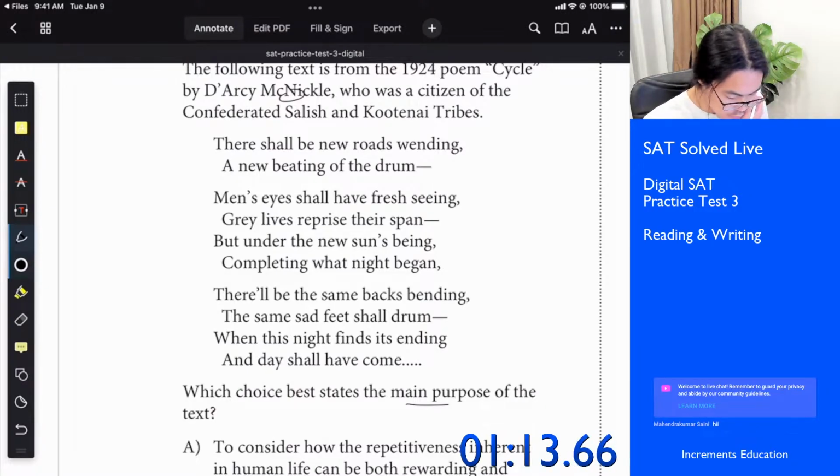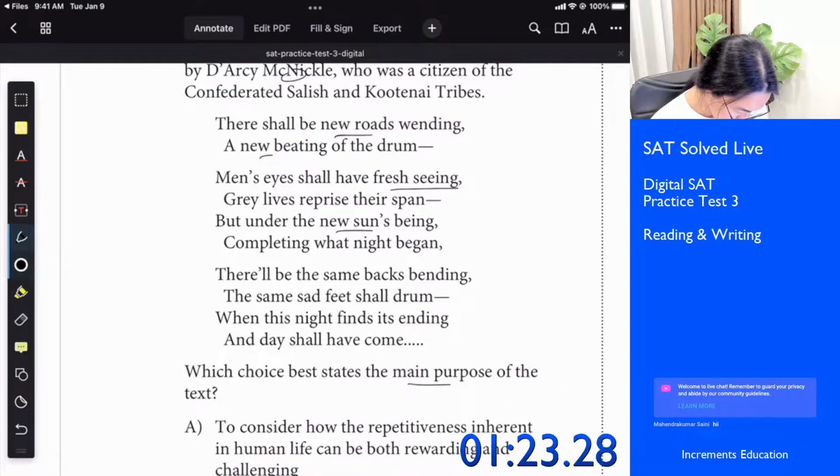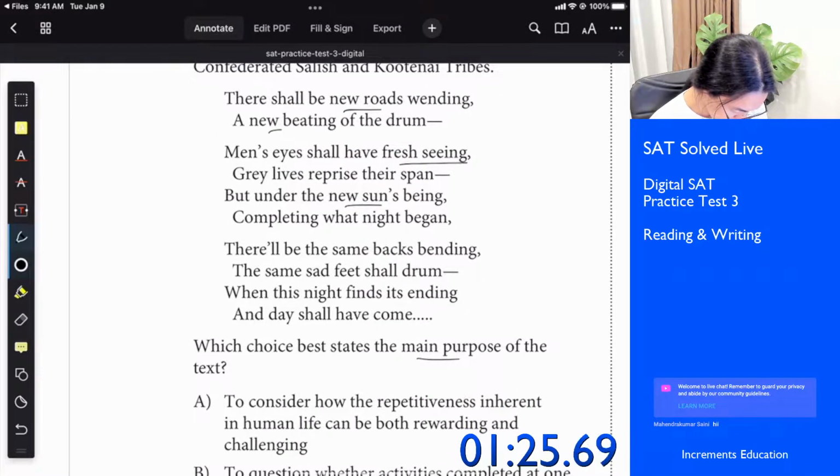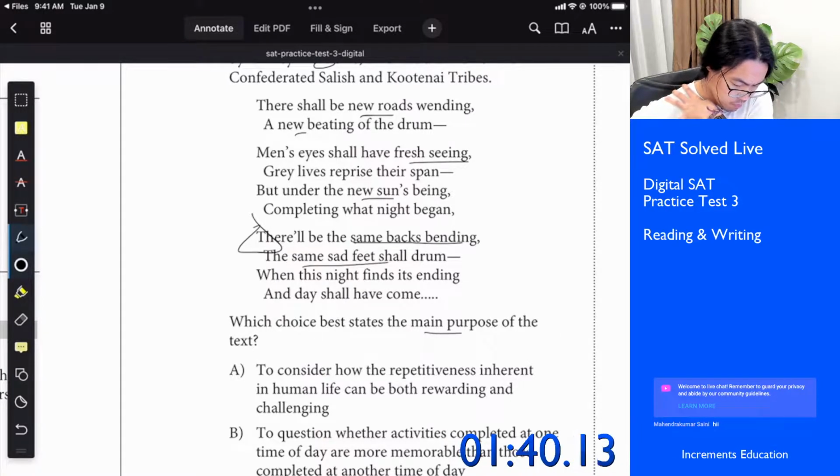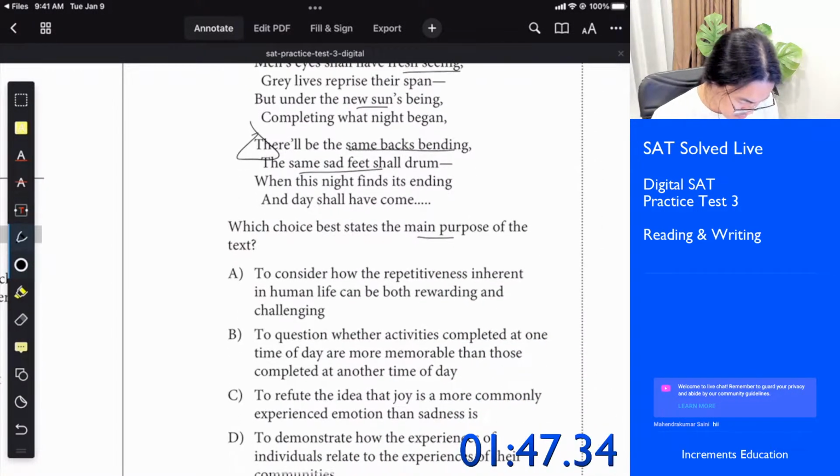There shall be new roads wending, a new beating of the drum. Fresh seeing, new roads, new beating, new sun. Same backs bending, same sad feet. Hope and repetition.